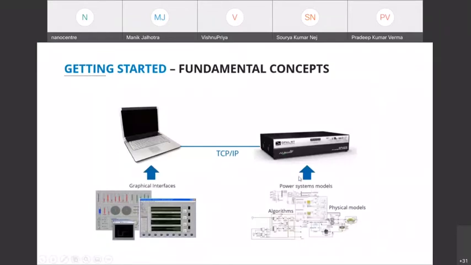Now we all know that this is our host PC, and from this graphic interface we can see our various architectures. We have developed a power system, whether in the form of an algorithm, with physical signals, using the SPS libraries, or using the various toolboxes which we also provide.